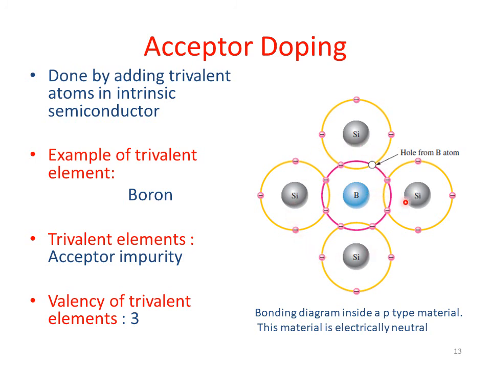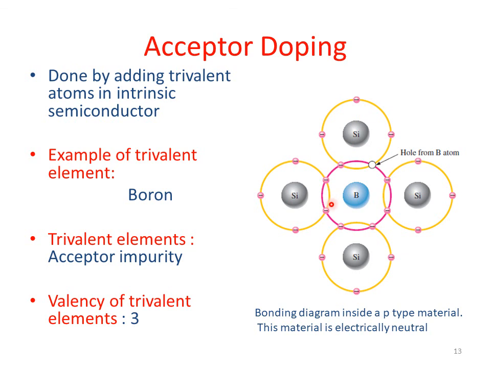It has an equal number of electrons and protons inside its nucleus. So overall, this material may have a deficiency of electrons, but whatever electrons are already present in this material are already balanced by the protons present inside their nuclei. That is why this material is also chargeless and neutral.